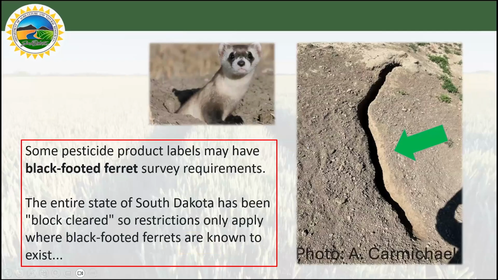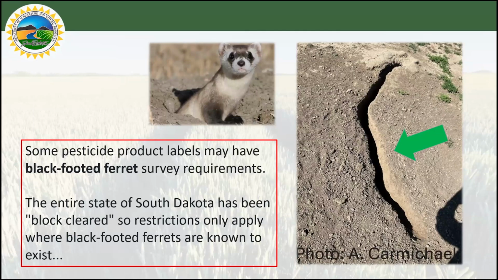Okay, some additional notes that pertain to this particular example. And I know that this is a kind of a crop emphasis, but I just want to note a couple things. If you see black-footed ferret activity in a prairie dog town, then an application of a pesticide is a no-go.